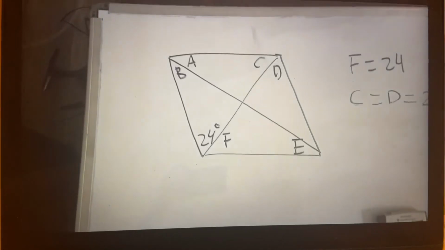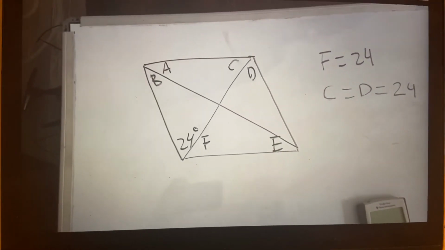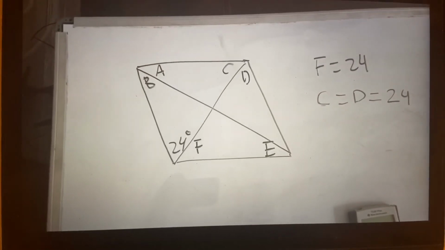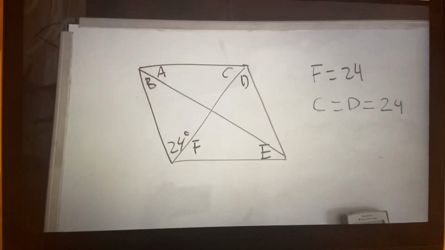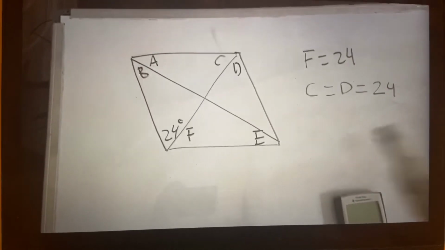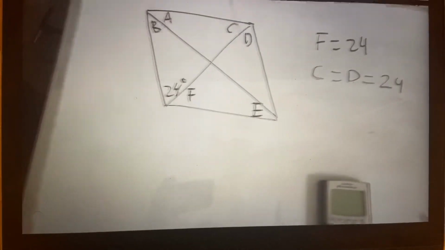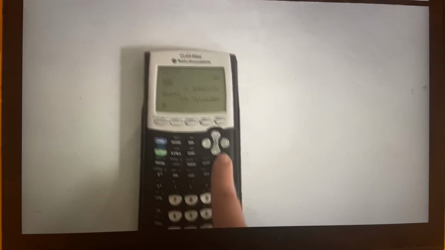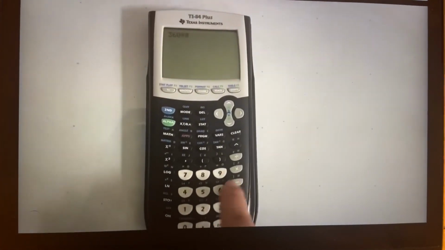So, how do we find the rest, right? Any ideas? How do we find A, B, and E? Well, the interior angles of a quadrilateral, what does that add up to? It adds up to 360, right? But we found 2 of its angles, right?